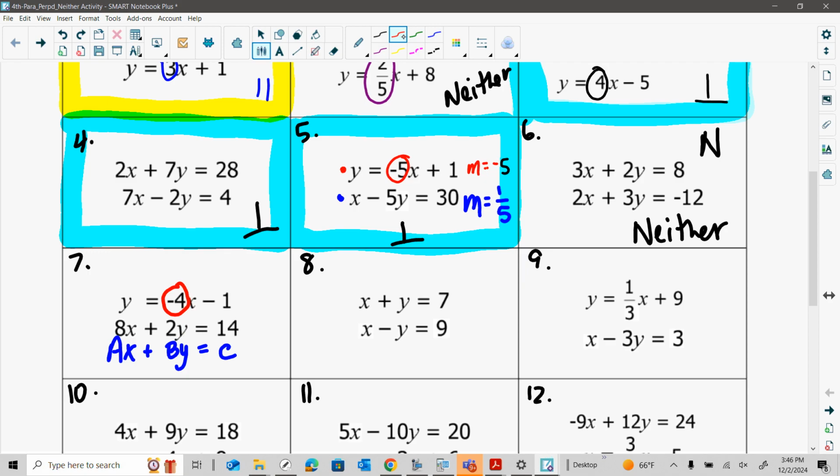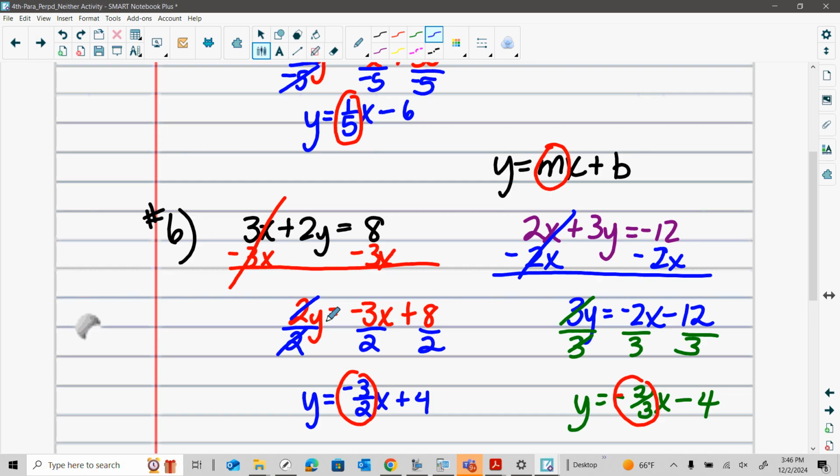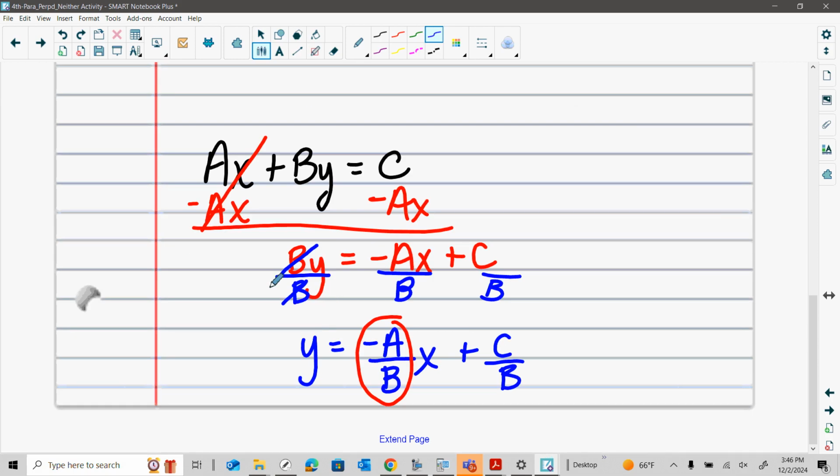To get the slope, whenever it's in this form, your m is basically negative a over b. That's what I was showing you over here. Our m represents negative a over b. So all I gotta do is take those numbers and plug it in.